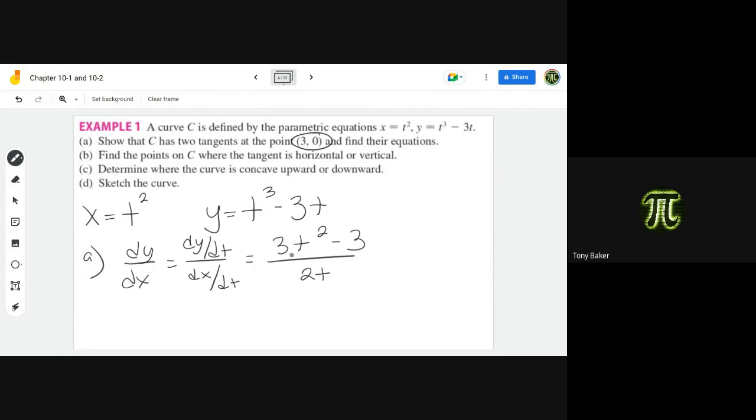Because I have to plug in t to find my slope. So what t value is going to give me x is 3? So I have 3 equals t squared. So what does t equal? Square root of 3.